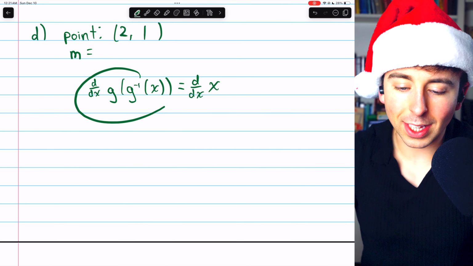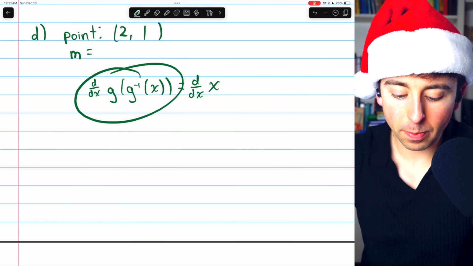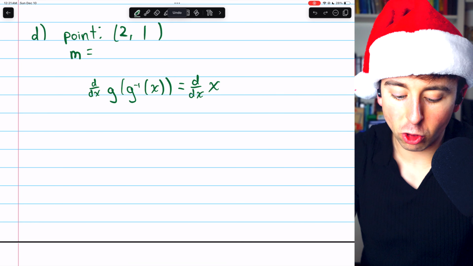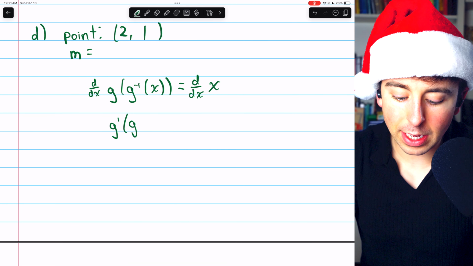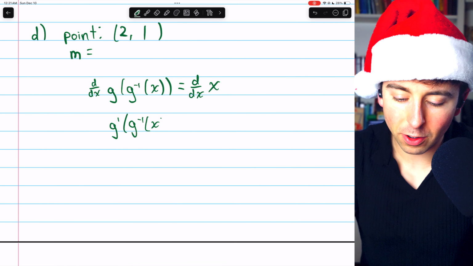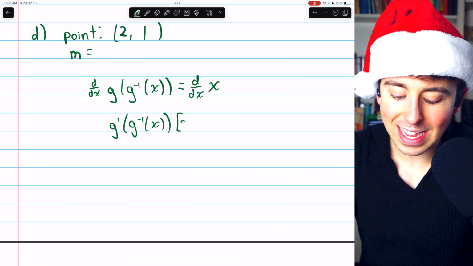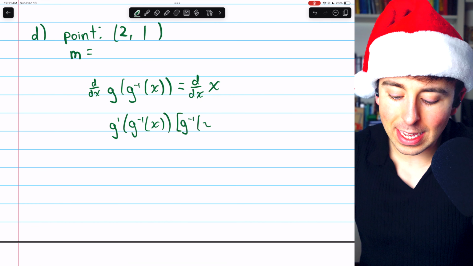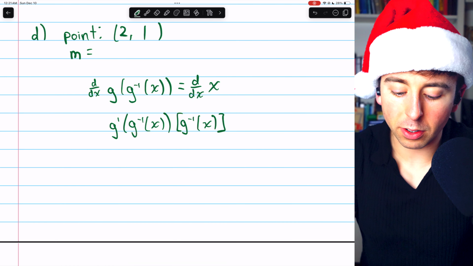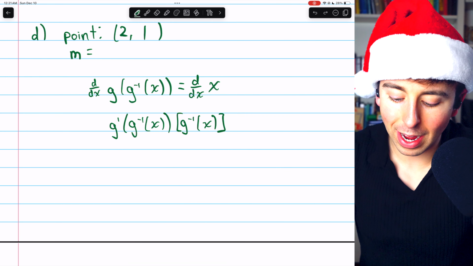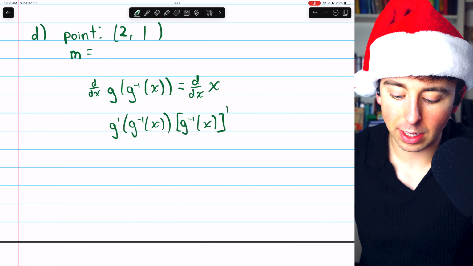To take the derivative on the left, we have to use the chain rule. The outside function is g, so we have to start with g prime and leave the inside function g inverse unchanged. But then we need to multiply this by the derivative of the inside function. The inside function is g inverse of x, so we have g inverse of x prime, the derivative of the inside function.